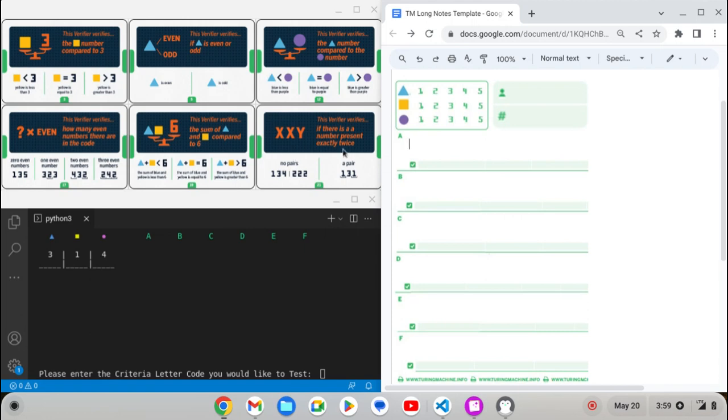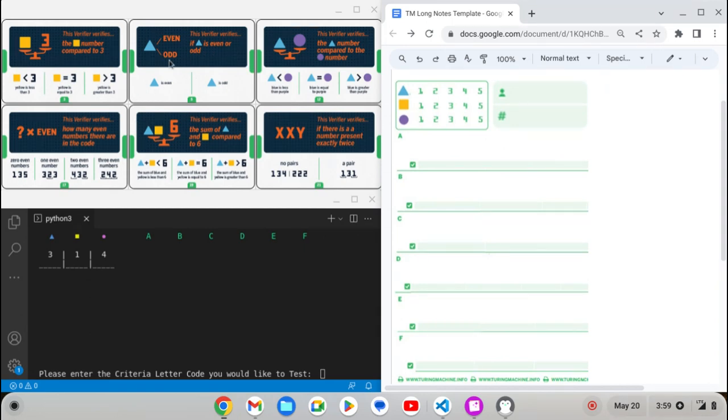And finally, criteria card F will let us know if there is a pair of digits duplicated in our code, as in the example 131, or alternatively all unique digits, 134, or the possibility where it's the same digit repeated 3 times. So remember, we're looking for a unique 3-digit code that will meet each of the following criteria.